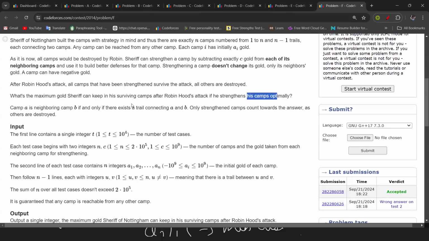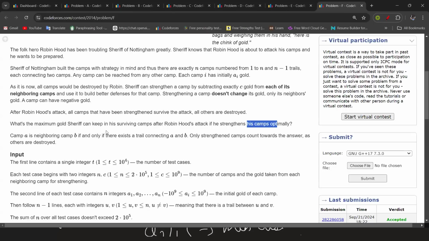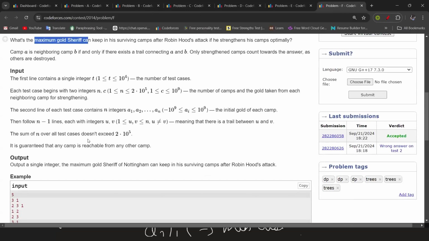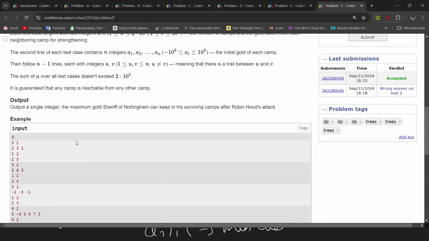Okay, so we just need to find which camps to strengthen so that after the attack, if you just consider the camps that are remaining, the sum of the gold in those camps would be the amount of gold you get. So you need to maximize that thing basically. Okay, so you need to find the maximum gold you can achieve.